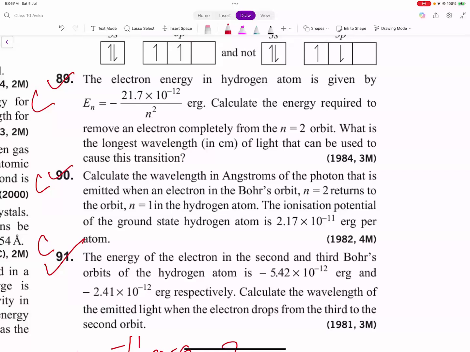What is the delta E we are getting? 3.4, right? I got 3.8. How come? 13.6 divided by 2 square, right? Oh, I was doing using the energy En is equal to. No. See, I'm teaching you something, and we are practicing that. Whatever they are giving, we have to do by our method.